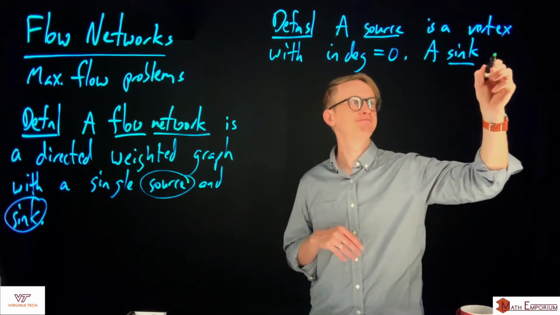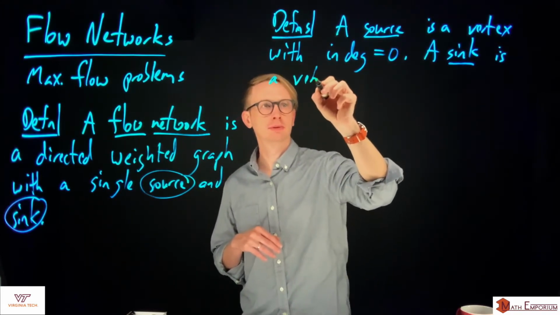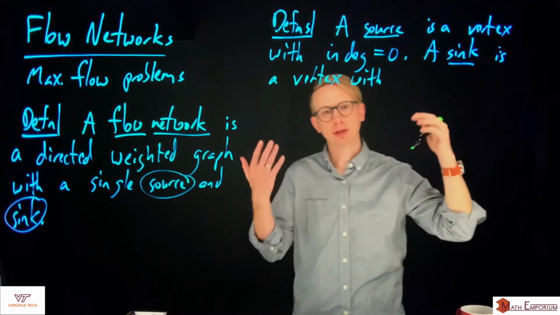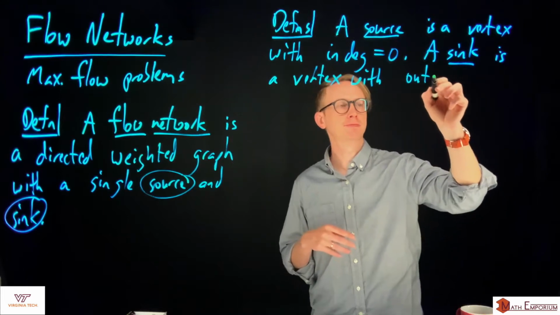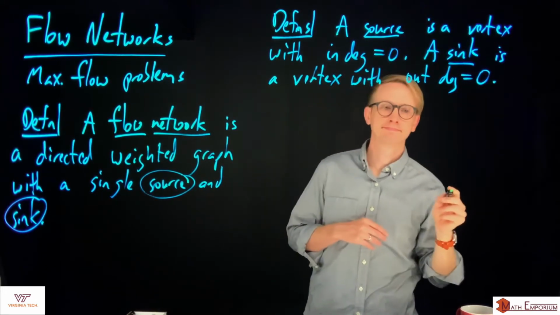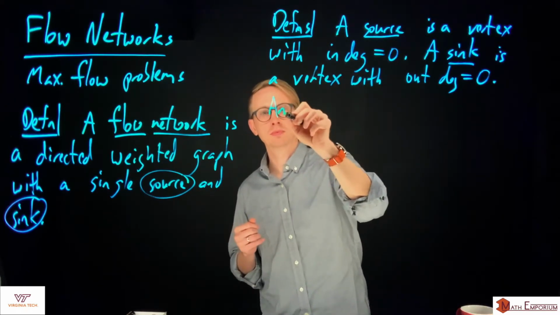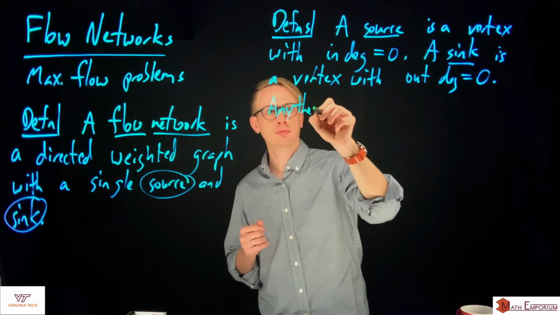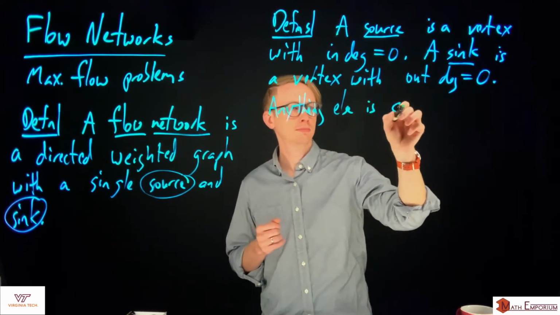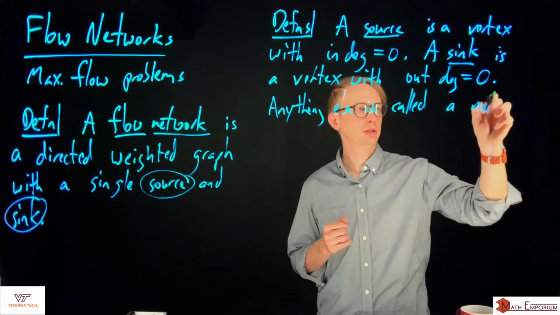A sink is a vertex where everything comes in, so out degree is equal to 0. Okay, and I'll draw a picture of this in a moment. Anything else is called a node, N-O-D-E.